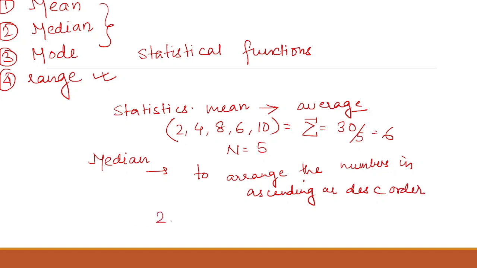Suppose we have 2, 4, 6, 8, 10. Now if I cancel this number and this number from each end, 6 is the mid value, or 6 is the median.